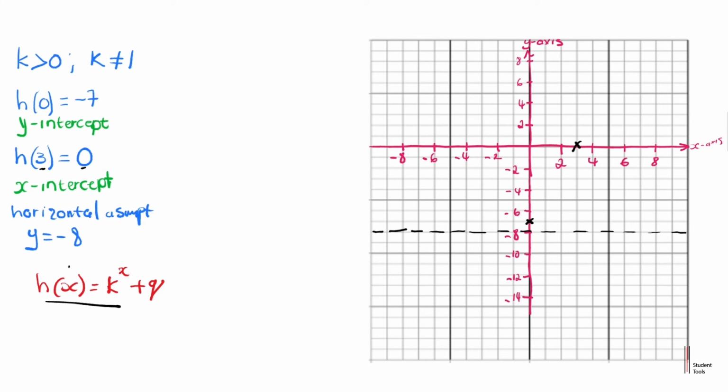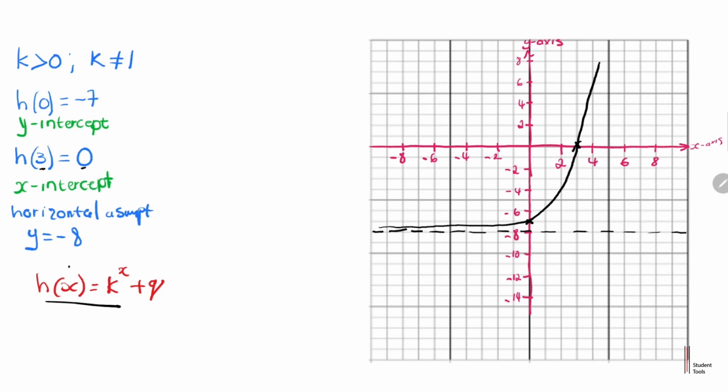So our graph will be curving like this, approaching this asymptote but not crossing it. So we sketch the graph like this, approaching the asymptote but not crossing it. This is how our graph will look.